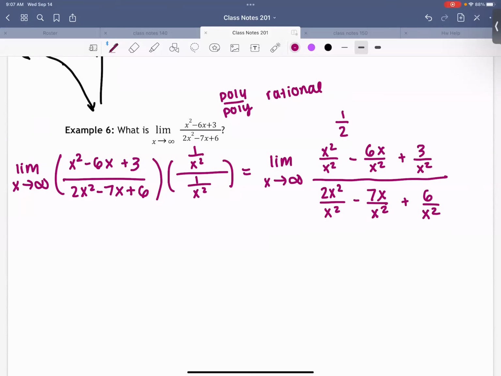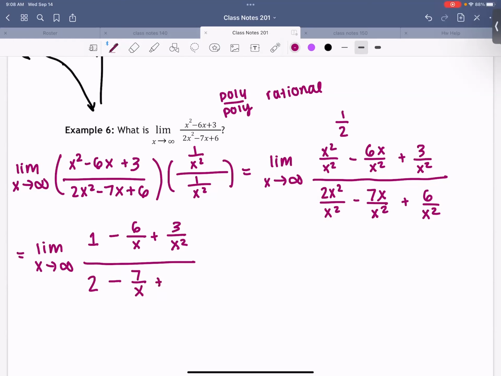That might be helpful because now I can cancel out the x squared and the x's in the middle terms, right? So this would turn into the limit as x approaches infinity. x squared over x squared is 1. We got 6 over x, and the last term doesn't change. Then we have 2 minus 7 over x plus 6 over x squared.